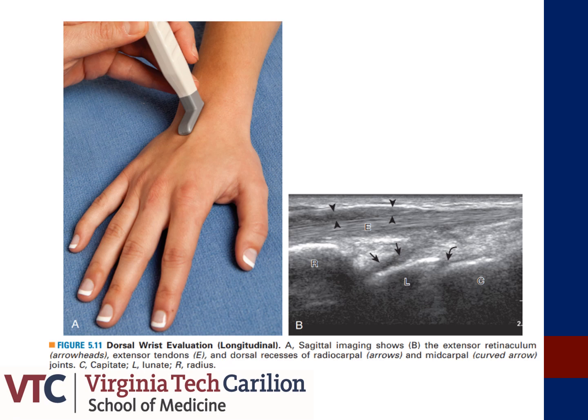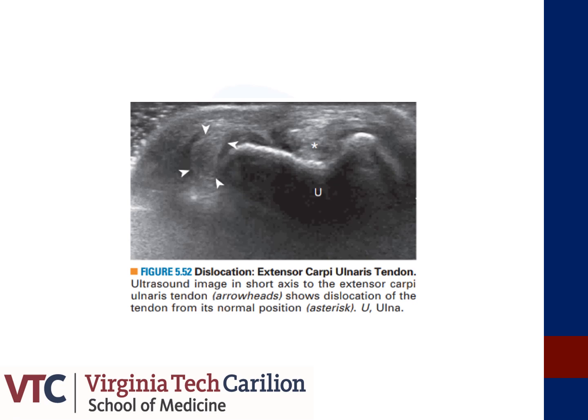E labels your extensor tendon, while the closed arrows above represent your extensor retinaculum. Here is an image demonstrating the benefits of dynamic assessment utilizing the ultrasound, where we can see your extensor carpi ulnaris tendon as it dislocates ulnarly from its asterisked normal position.